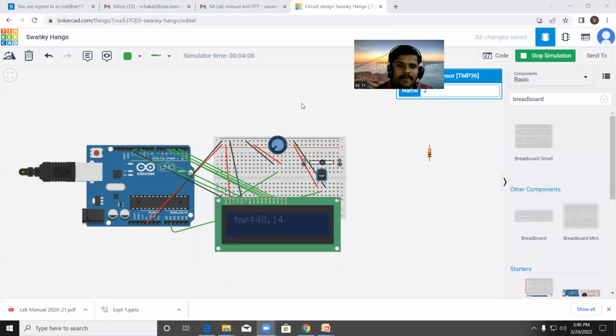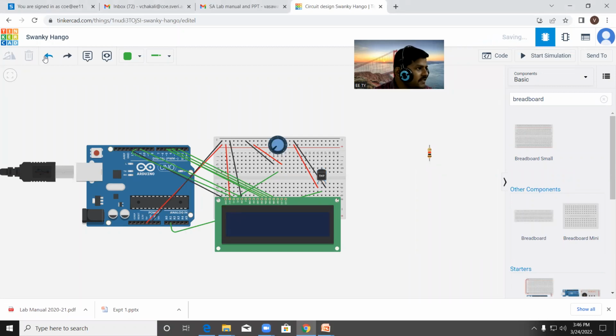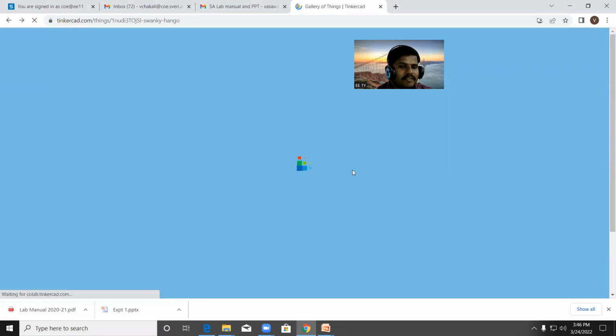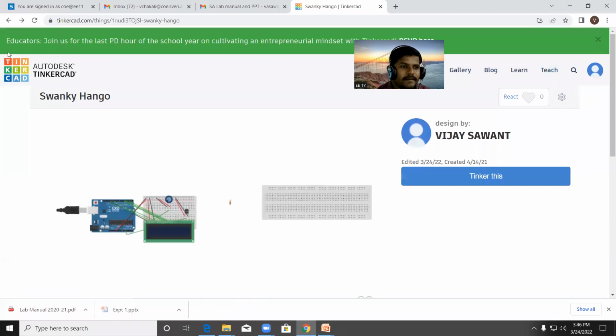Again, we are performing another practical with the LDR, that means light dependent resistor, interfaced with the microcontroller, using a breadboard and our Arduino. So we are performing interfacing practicals here by using Tinkercad, right?